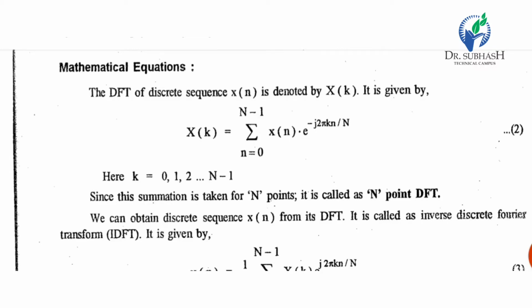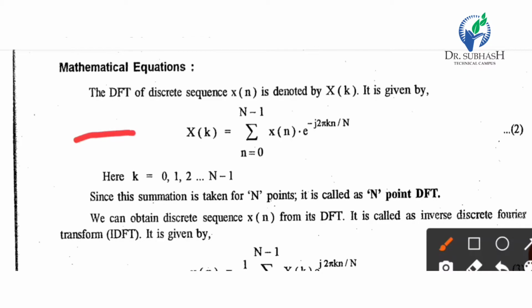So X of k equals summation n equal to 0 up to N minus 1 x of n e raised to minus j 2 pi k n divided by capital N.